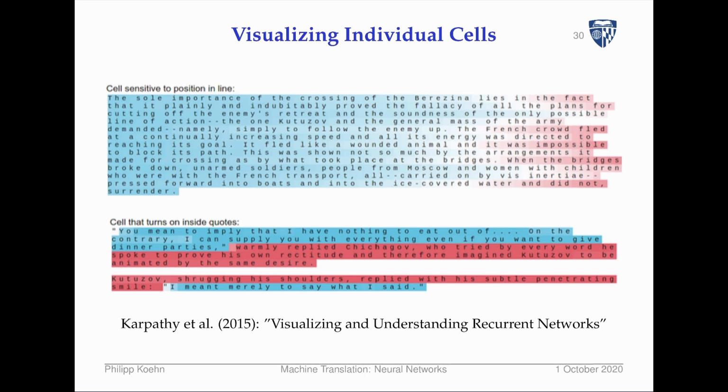Here is another interesting visualization of neural language models where we look at individual cells and see how they change over time. So we're looking at individual elements in the hidden states vector and basically want to know, are there some elements that play a very particular role?